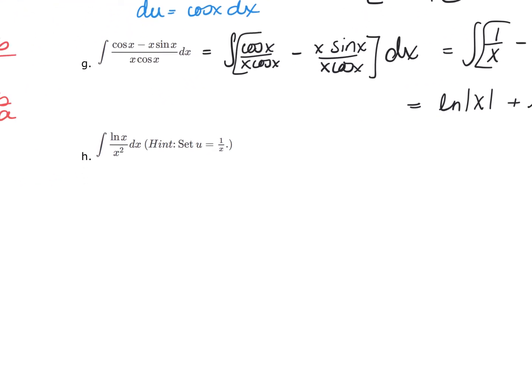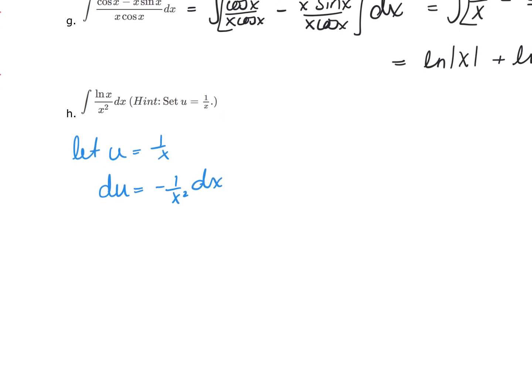On h, they're giving us a hint. We're going to let u equal 1 over x. So if we let u equal 1 over x, then du is going to be negative 1 over x squared dx.